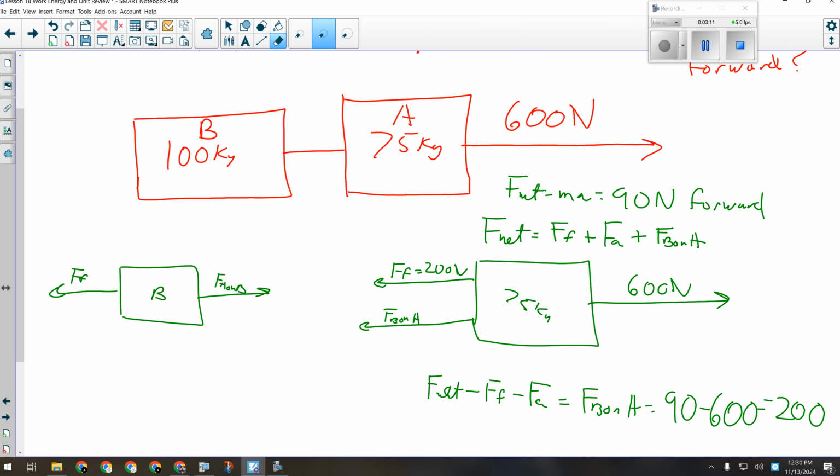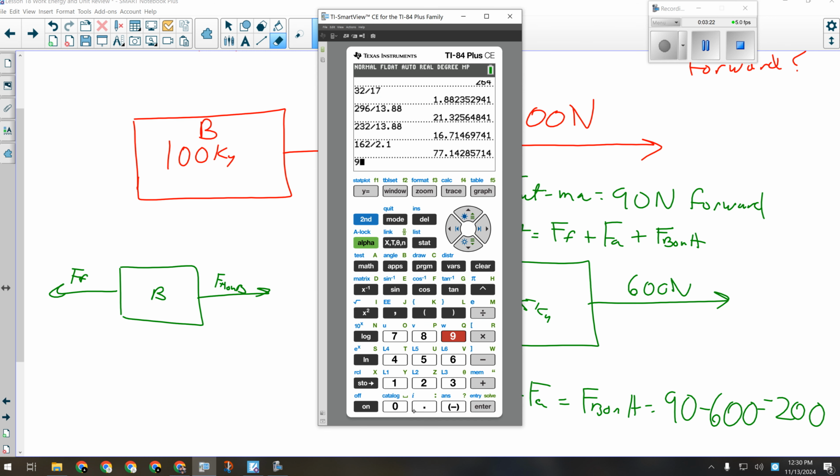I have to keep in mind that friction is acting backwards. And I want to get a negative number here. Would you agree? Right, because the force of B on A is backwards. So when I punch all that in, I've got 90 minus 600 minus negative 200.